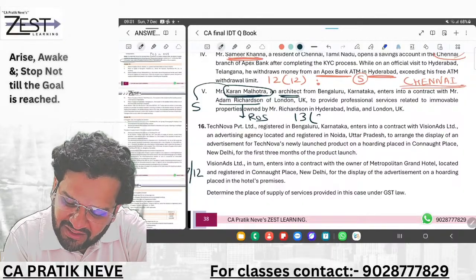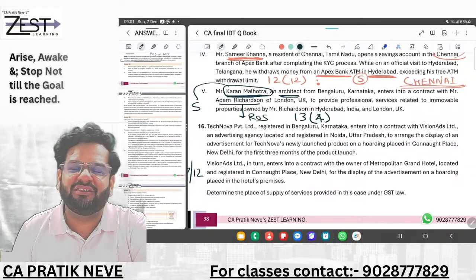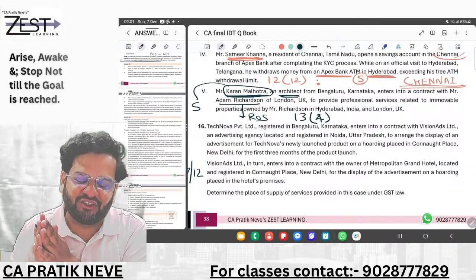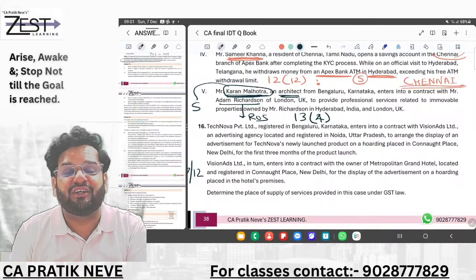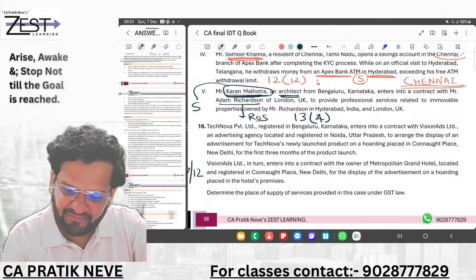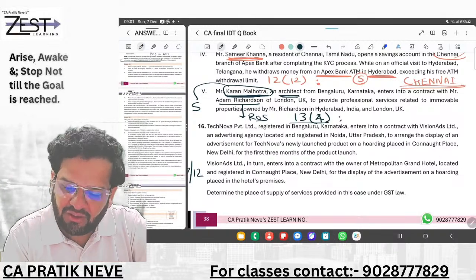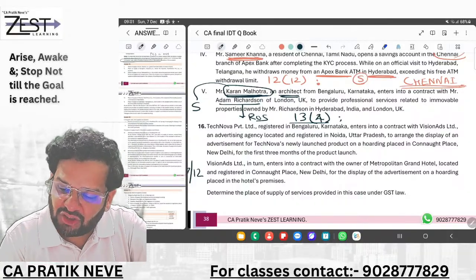immovable property related services, 13.4, because 13.1 is the introduction, 13.2 is residuary, 13.3 is performance based services, and 13.4 is services in relation to an immovable property. So in case of services in relation to an immovable property, what will be the place of supply?